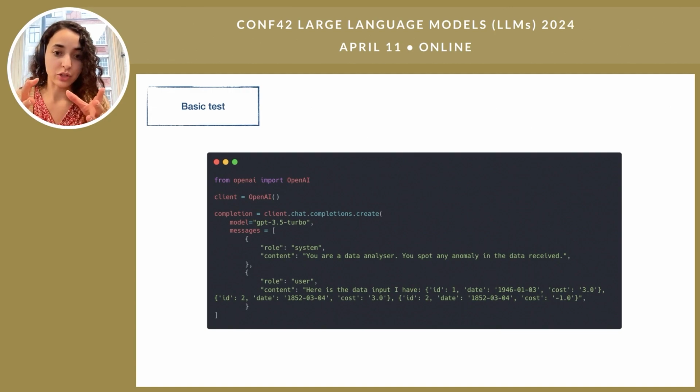Here we can see a repetition of the ID 2 that happens twice, and we've also got a negative cost on the last one as well. When you run this, you notice that it actually picks up the anomalies pretty well. It's not too complex, and it does fine with this basic test.